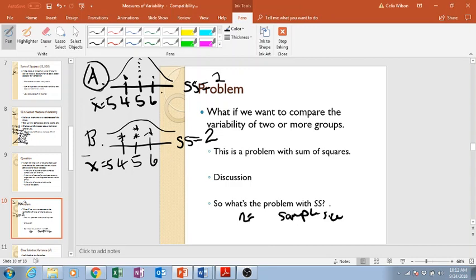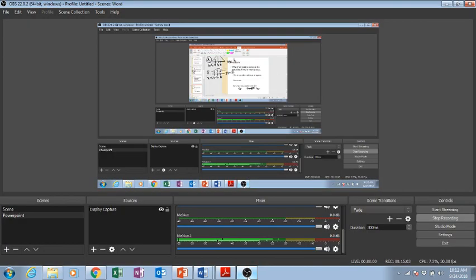Nothing, but it is contributing to the spread of our distribution. It's making us either less spread out or more spread out if we have fewer scores at the mean. Okay, so we do have a solution for that, and that is going to be variance. I'm going to stop here and pick up again so these don't get too long.